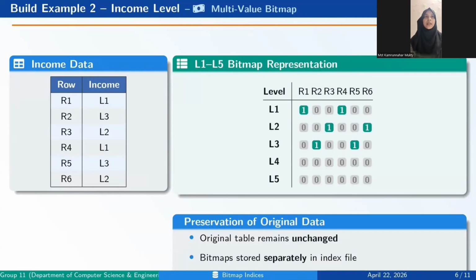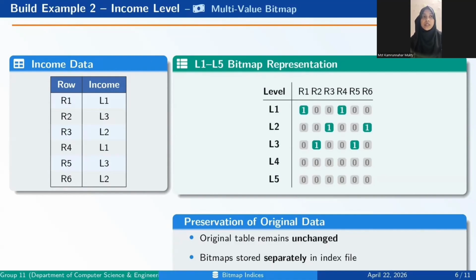Now I will explain a multi-value example using income level where possible values are L1 to L5. Suppose we have 5 records. In bitmap indexing, we create a separate bit vector for each income level. For L1, the bitmap is 00100, meaning only the third record has income level L1.